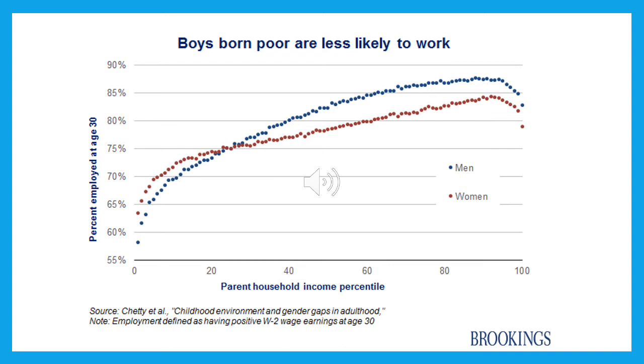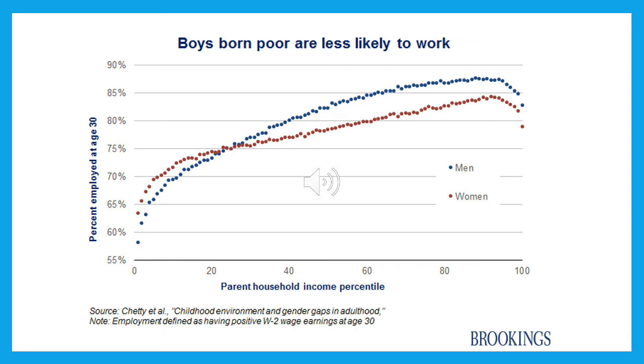But what we see is that for boys whose parents earn at the very bottom to the bottom 20% of incomes, only about 60 to 75% are employed by age 30, compared with those whose parents earn at 100%.